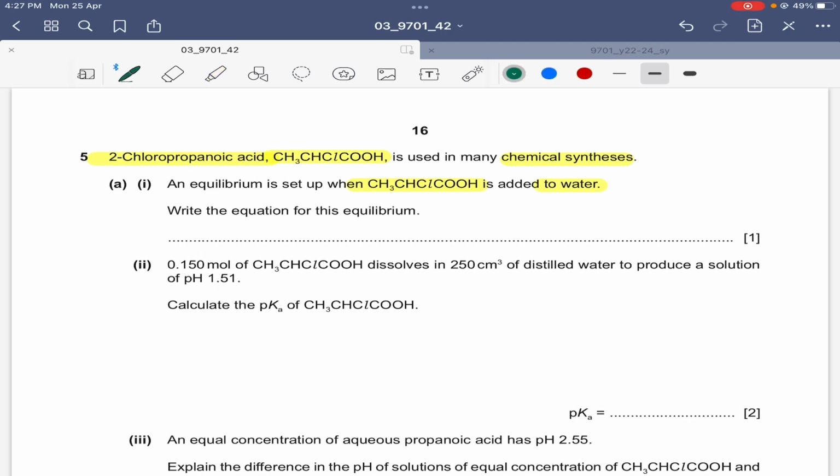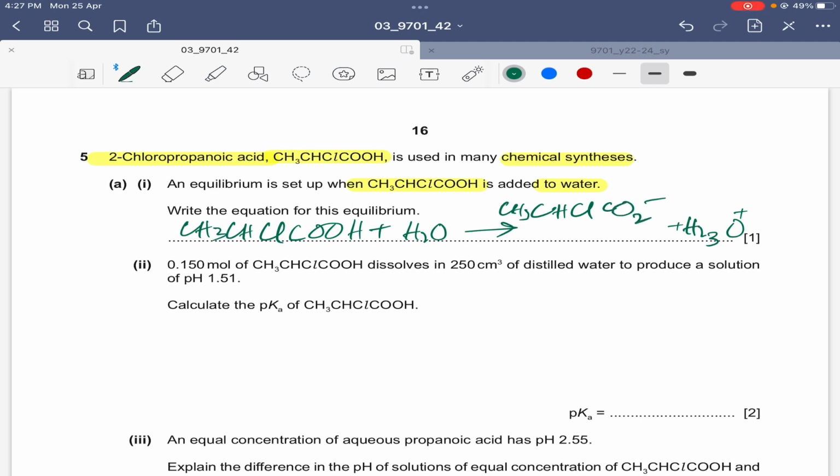So the chemical reaction would be CH3CHClCOOH, 2-chloropropanoic acid. When added to water, it releases a proton to water. So water becomes hydronium, H3O+, plus we get CH3CHClCO2-. Right. So this is the chemical reaction when 2-chloropropanoic acid is added to water.